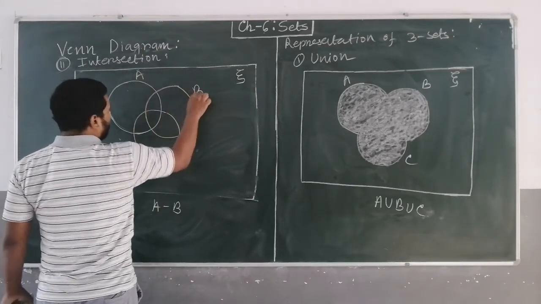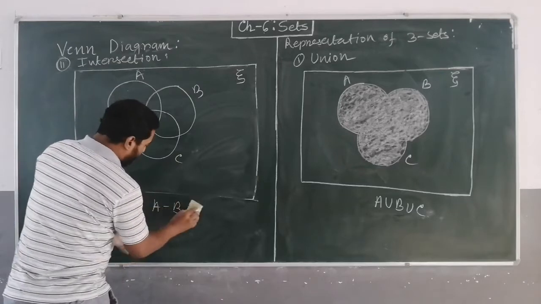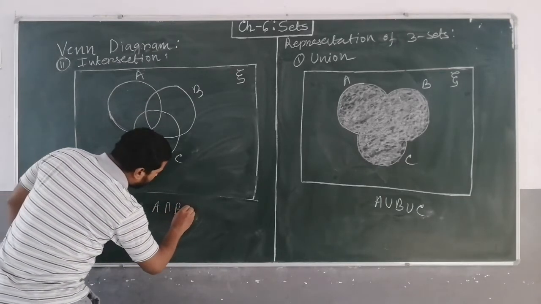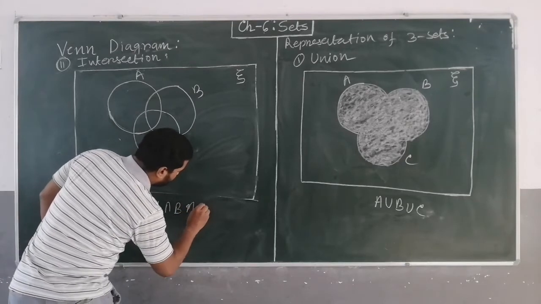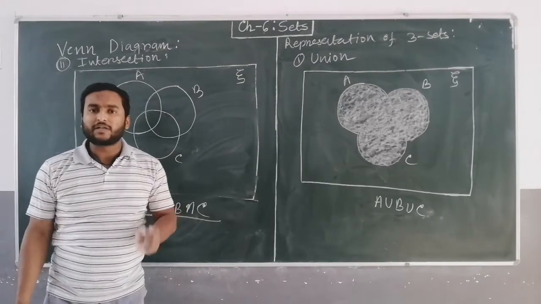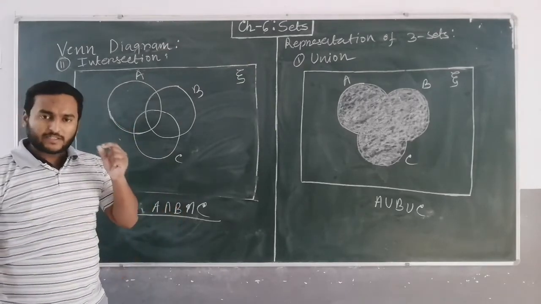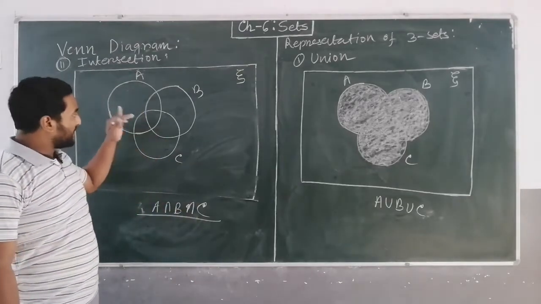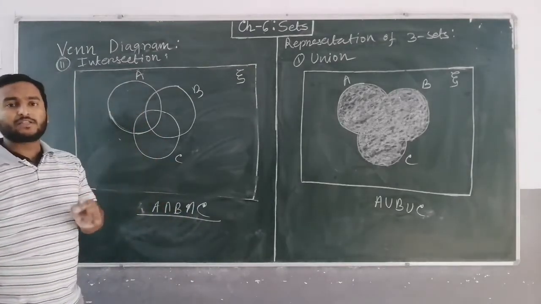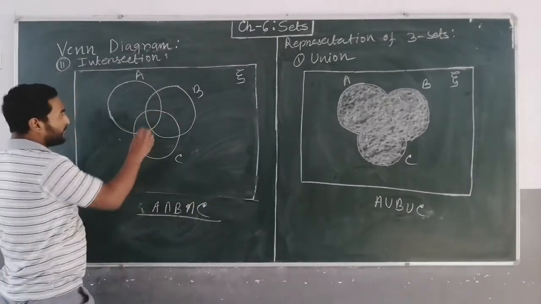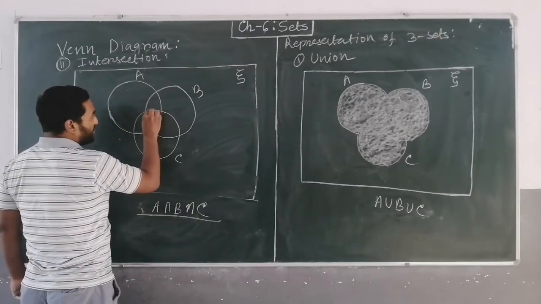So A, B, C. Now you have to represent A intersection B intersection C. It means the area that is common for A as well as B as well as C. So you have to shade the part which is common for all these three sets A, B, C.